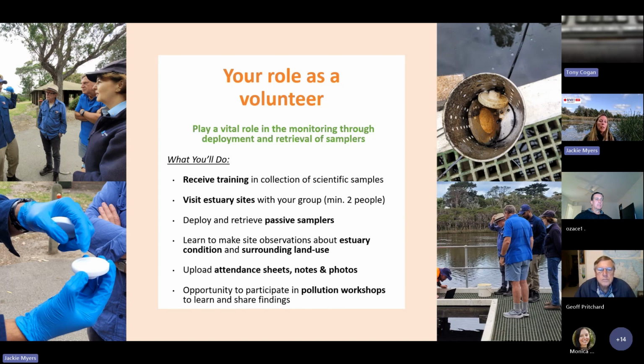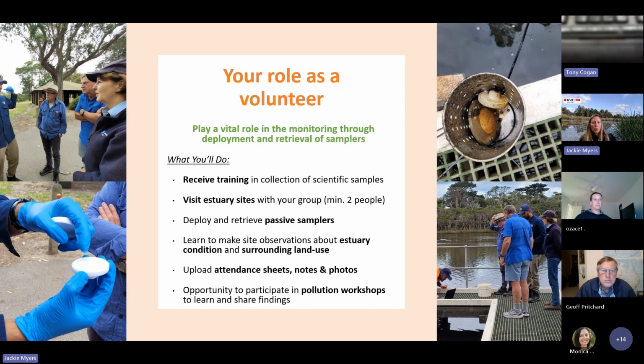You'll upload attendance sheets, records, notes, and photographs from the sampling events. You'll also be encouraged to participate in our pollution workshops, which we'll be holding 2 of later in the project, to talk about the data that's being collected, what those findings mean, and what we might need to think about doing to address any issues that we identify.